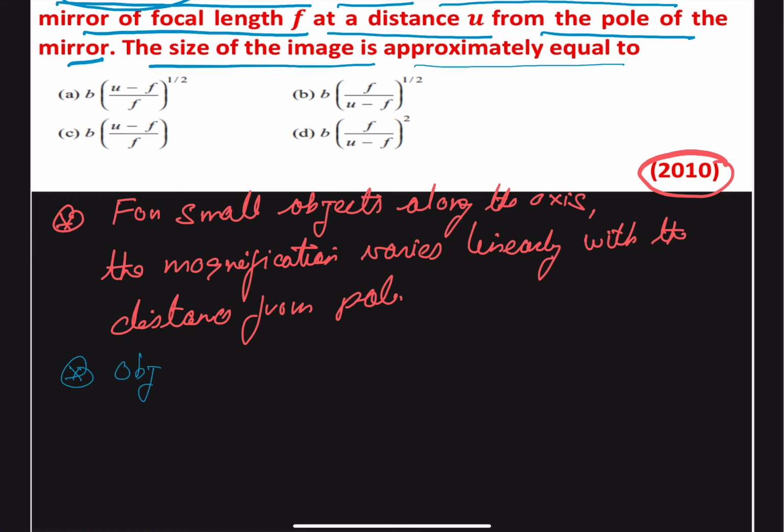The object lies along the principal axis. So you can say that longitudinal magnification applies.